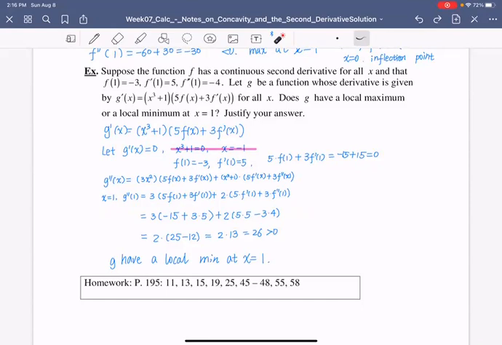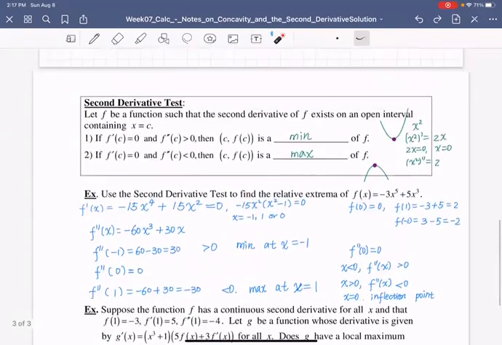This question sounds very complicated. Here, they give us the g prime expression. If they want you to find a local max or local min, you want to set your first derivative equal to 0.